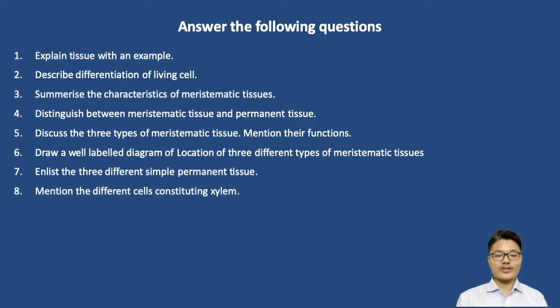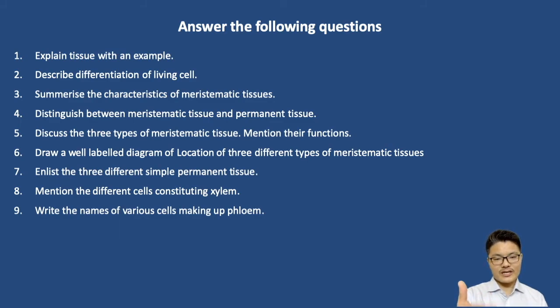Eighth, you need to mention different cells which are constituting xylem. Ninth, you need to write the names of various cells which are forming phloem. Tissues are groups of cells, so we can say cells which are making up phloem.